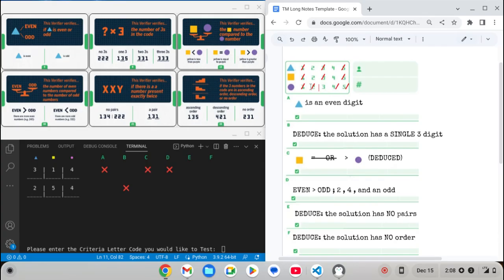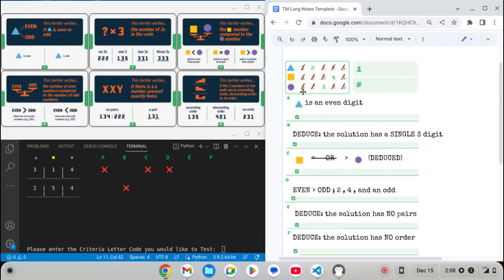So that means circle can't be a 2. And the only thing that's larger than 3 is 4. So that means square cannot be a 2. And so that means that triangle has to be the 2, and square is not the 4.